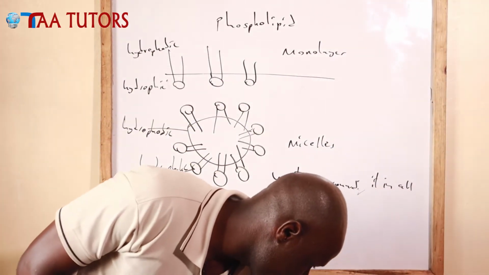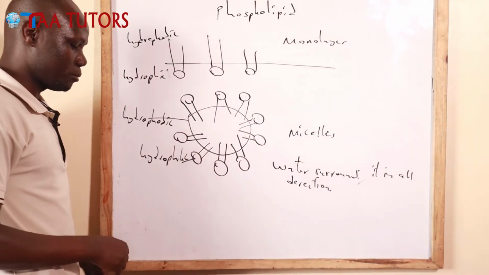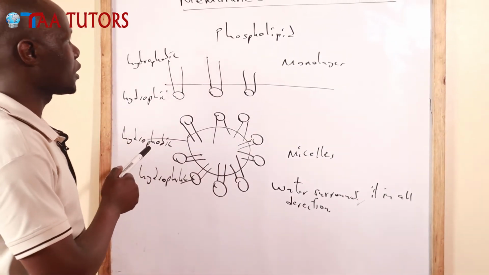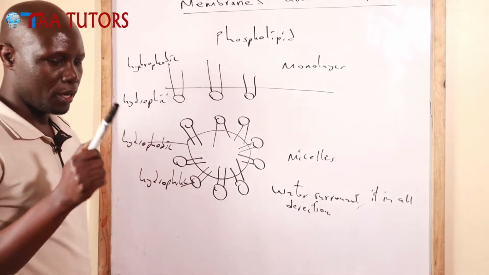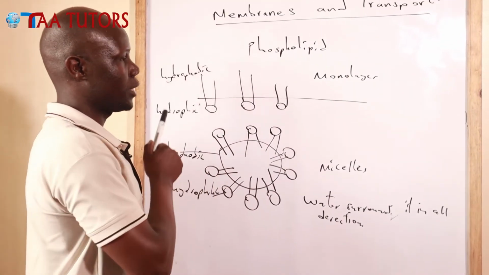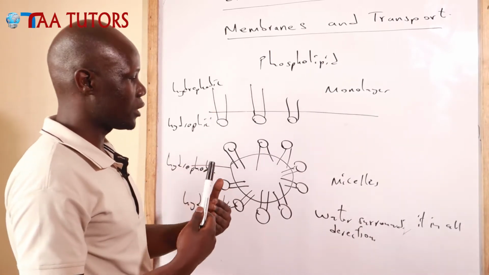Now I want us to talk about the fluid mosaic and see how it behaves with the different fluids, because we can have different solutions that are going to pass through the membrane. Like we have said, one of the functions of the membrane that we have seen in the past is that the membrane will be regulating what is passing across it.